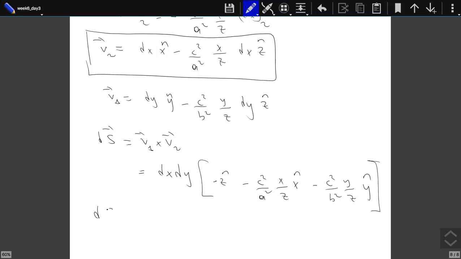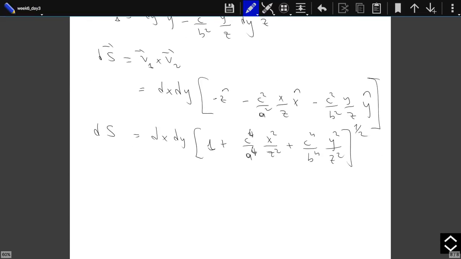Now let's write the dS magnitude. This is equal to dx dy times the square root of 1 plus c to the 4 over a to the 4 x squared over z squared plus c to the 4 over b to the 4 y squared over z squared.